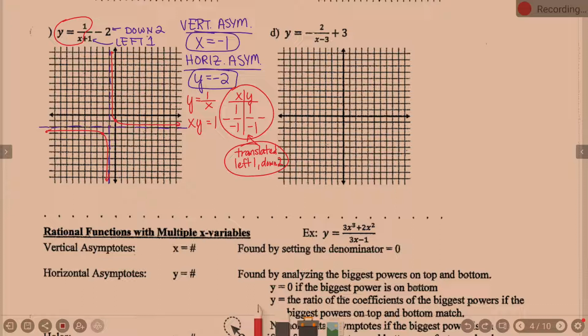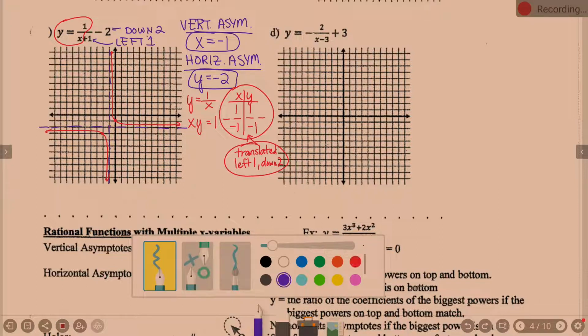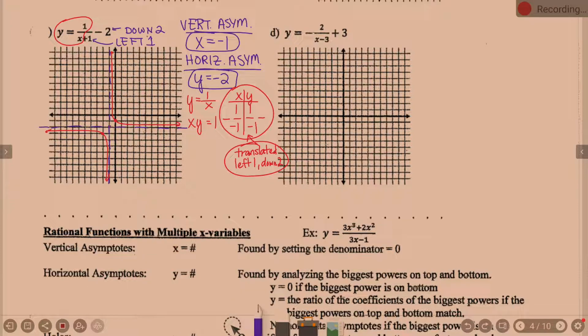Now, we talked asymptotes. I never wrote down domain and range. Do you know enough to do domain and range? Domain, all reals except x equals, what was my vertical asymptote? x equals -1.